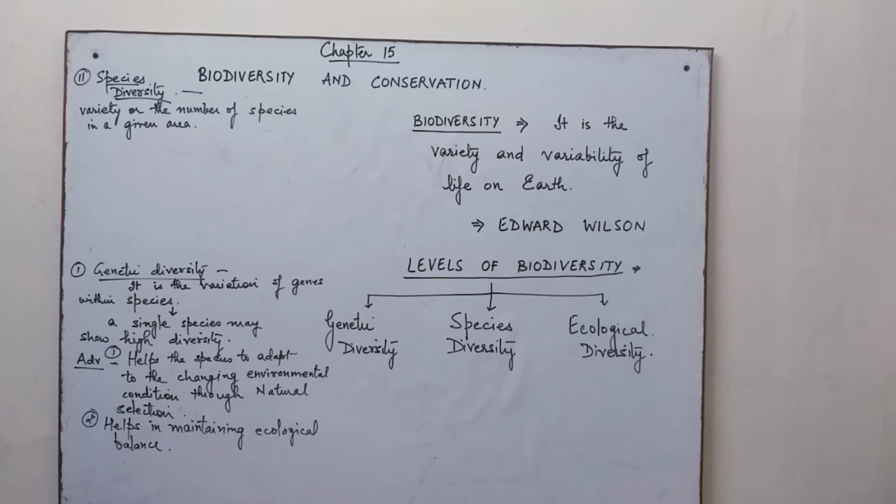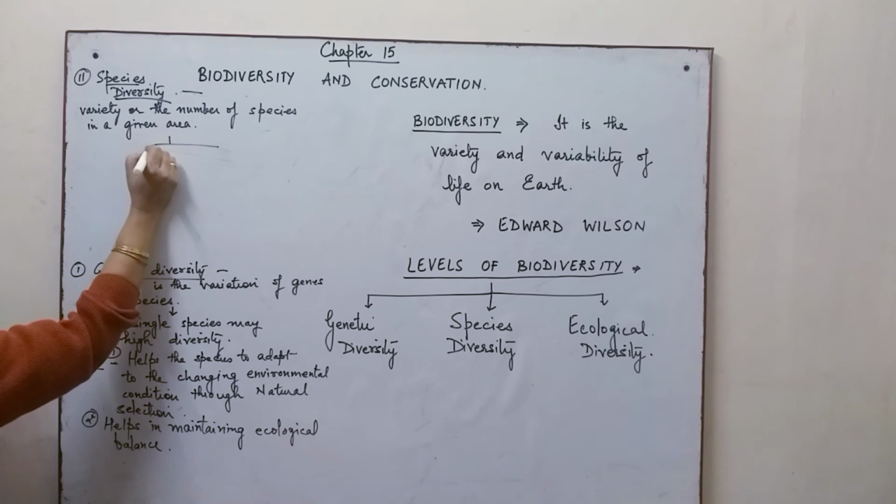So species diversity is very important, and it is the relative abundance of a particular species inhabiting that particular area. Species richness and species evenness are two terms associated with species diversity.